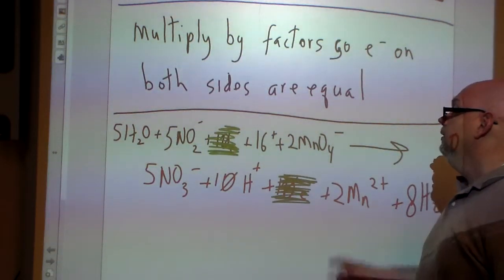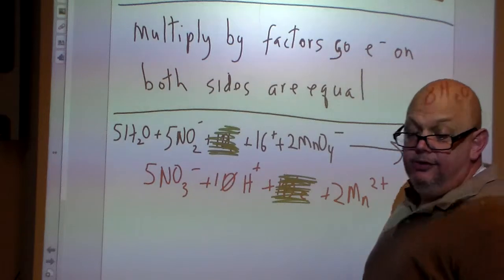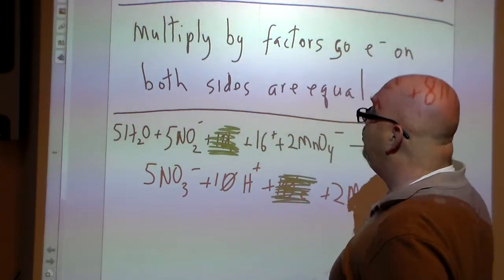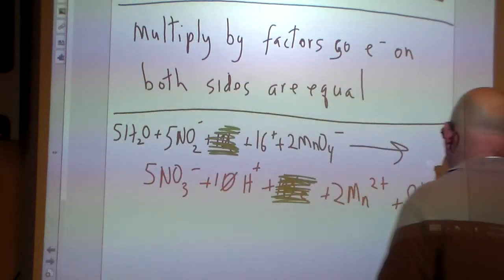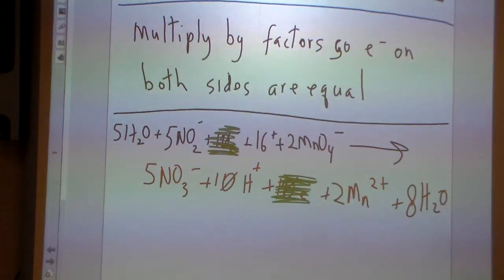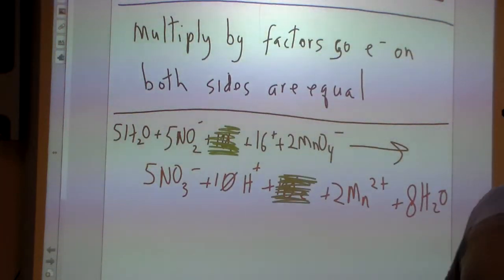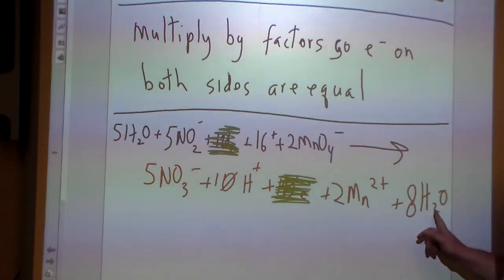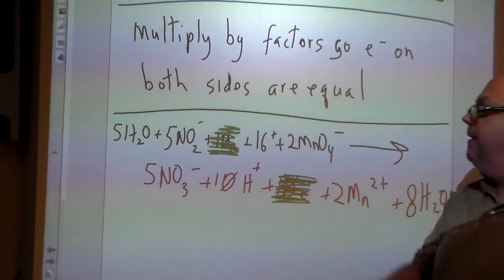Now, what else can I cancel out? Well, I could cancel out the waters, couldn't I? Now, I've got 5 here, and I've got 8 over here. Are they going to cancel out completely? No. Which side is going to have more waters? The reactant side, because there's more of it. This is 1 to 1.